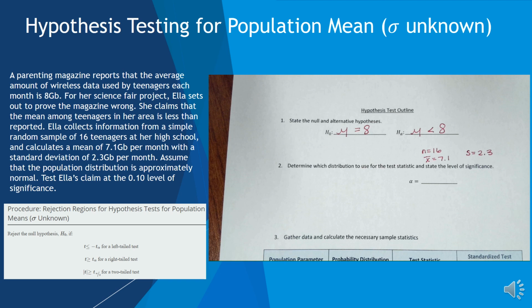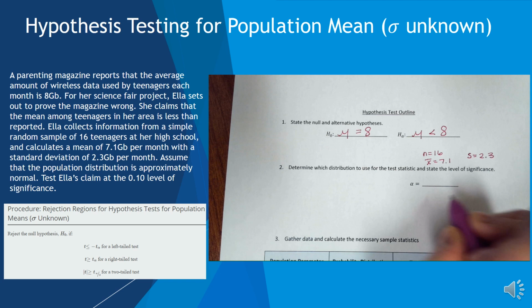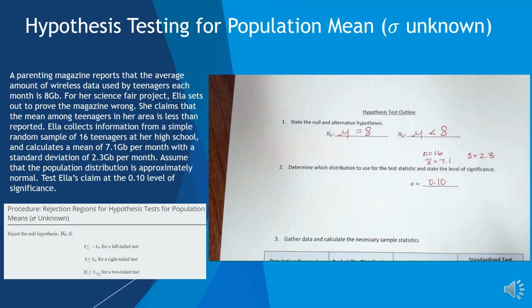Assume that the population distribution is approximately normal. Test Ella's claim at the 0.10 level of significance. Again, our level of significance is 0.10. That's just a coincidence. It's not always going to be 0.10 for your level of significance.